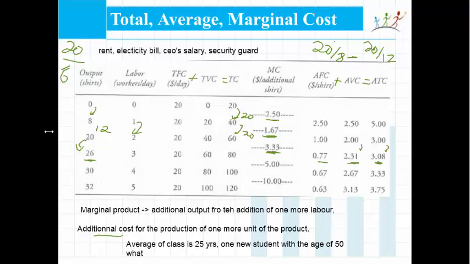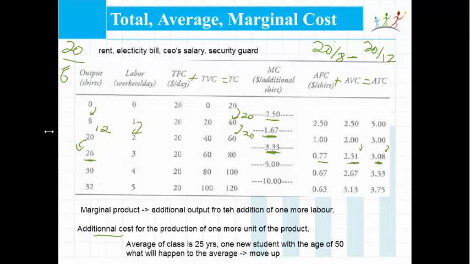So what will happen to the average? The average will move up. The average is going to move up because the marginal student has a larger age.